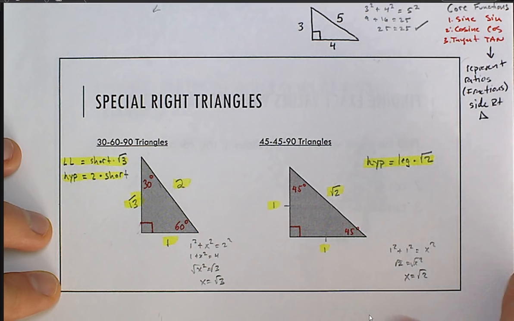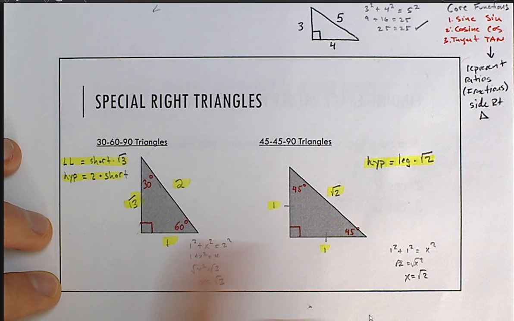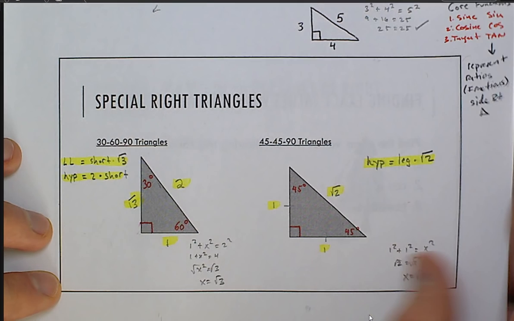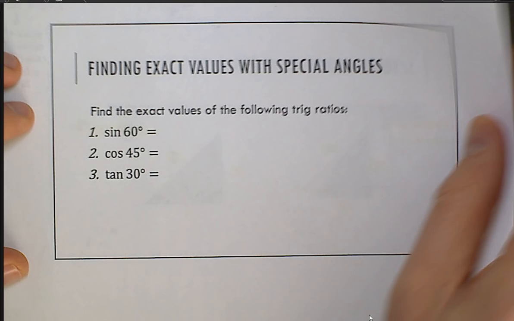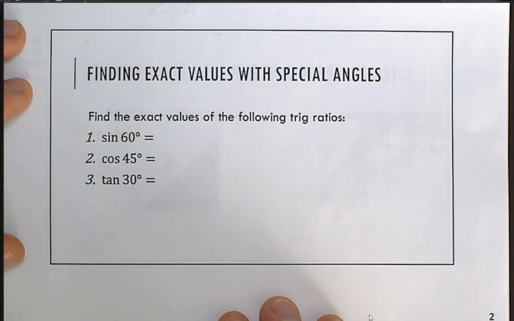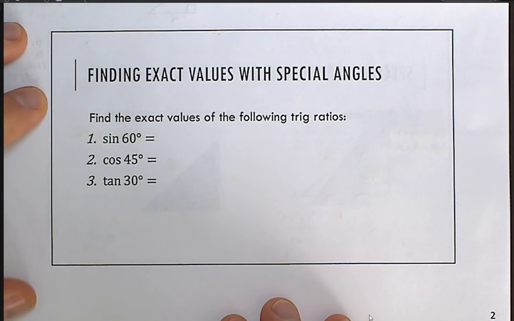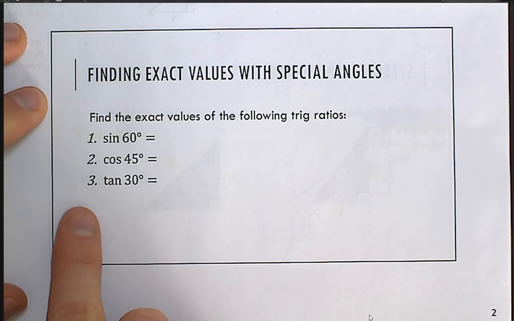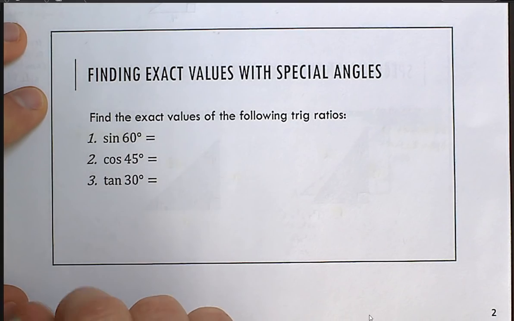Okay? All right. We're going to come back to this here, I think, on this next slide. So we're skipping around. So this one is really going to help us out, I think, in lesson 4 when we get to the unit circle. But what you're going to want to have a general idea of is finding the exact values of these.